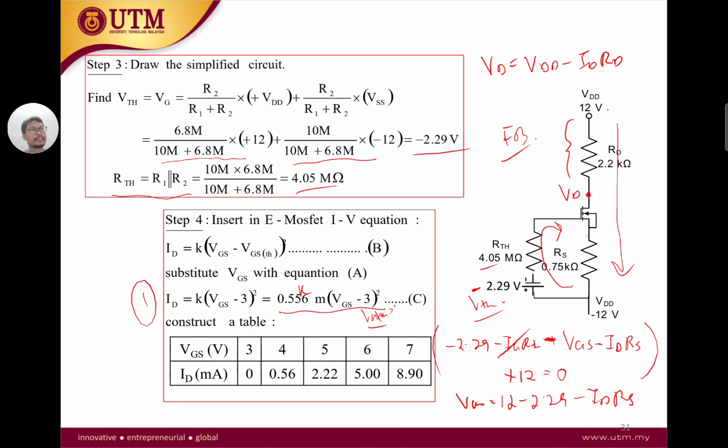And then VS is here. VS we can say is simply VD minus VDS. So VD minus VDS, we should get our VS.